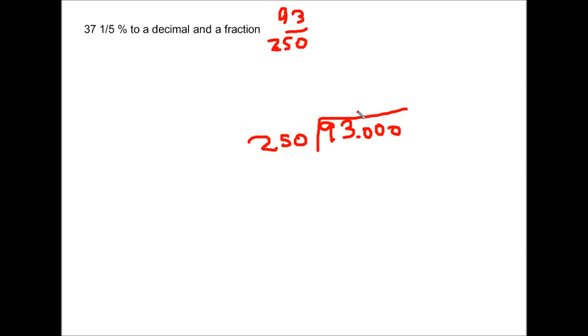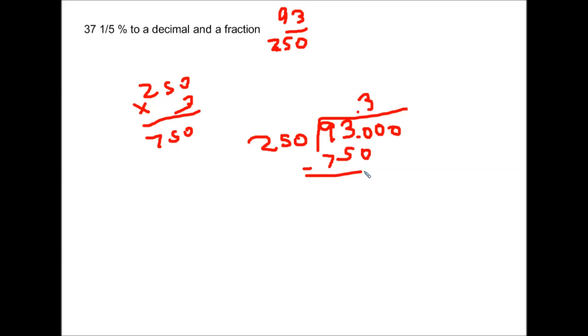Now, 250 does not go into 9, it does not go into 93, but it does go into 930. I'm guessing 3 times. 250 times 3 would be 750. So let me put 750 down here and subtract, and I get 180, and I bring down the 0.